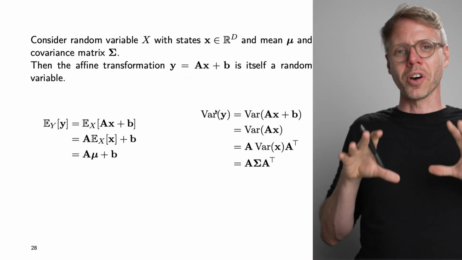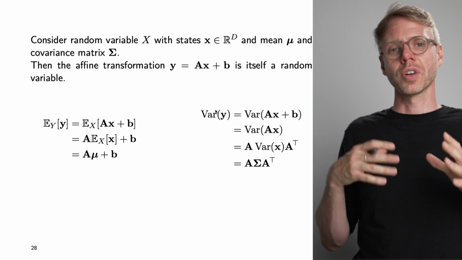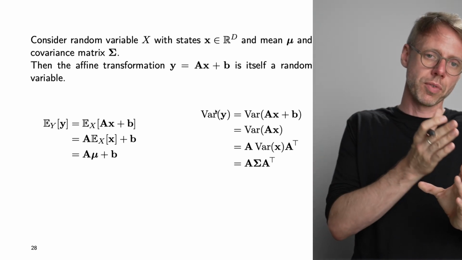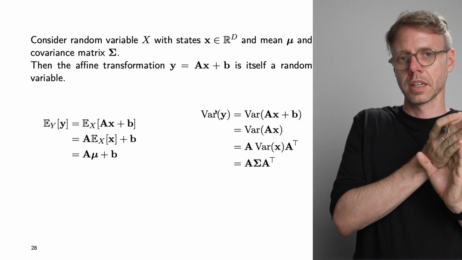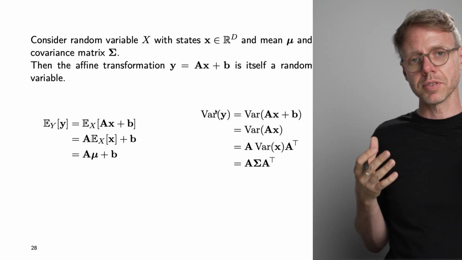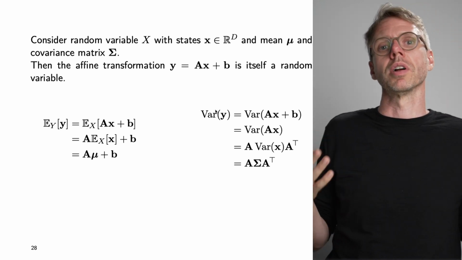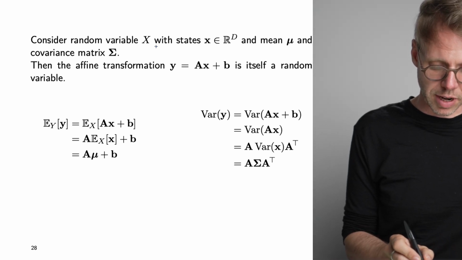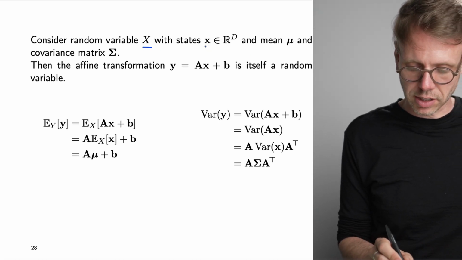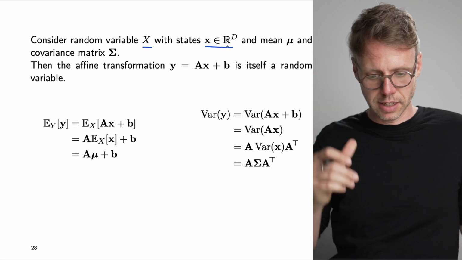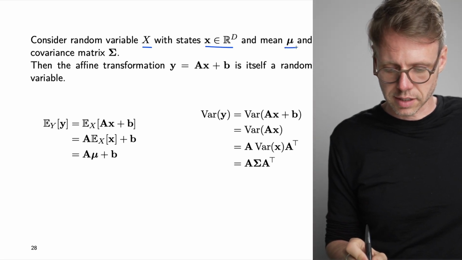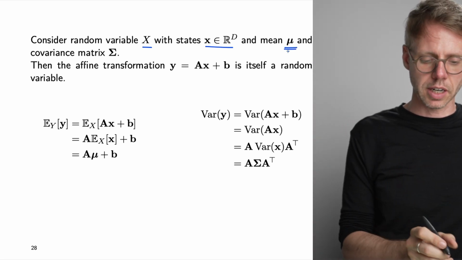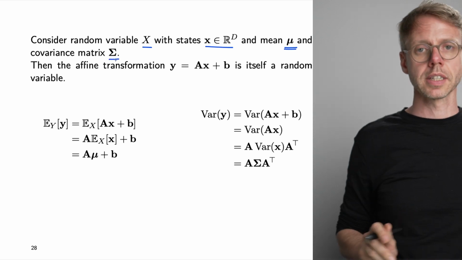In machine learning, we often see transformations of random variables. And the most common transformation is an affine or linear one. So let's consider the random variable x, which is a random vector, so it's an element of R^d, that has a mean vector mu and a covariance matrix sigma.